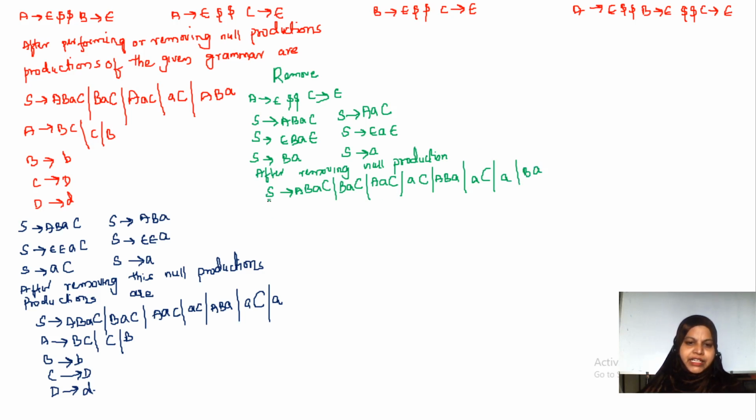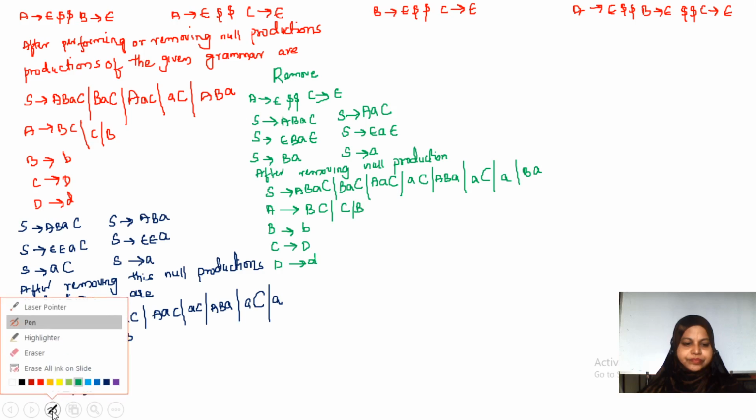Then A tends to B, C, C, B. B tends to B, C tends to D, D tends to D. This is my productions.